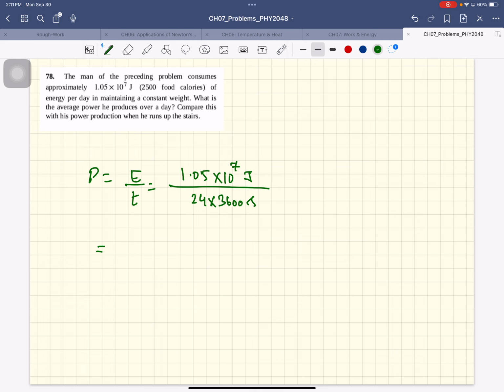This is how much energy you're consuming per second. So an average person is consuming 121 joules per second.